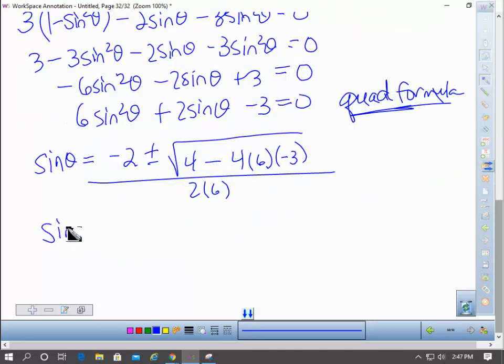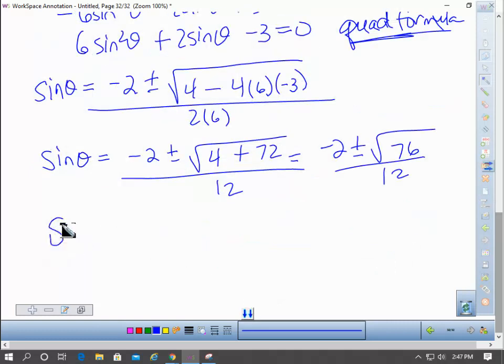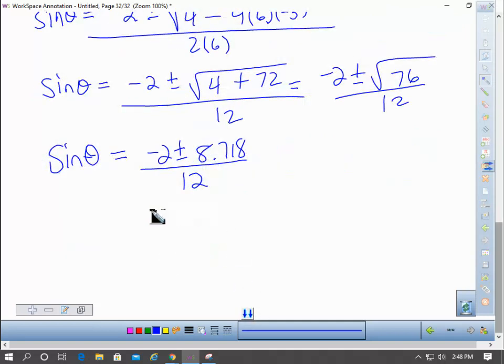And so then that gives us negative 2 plus and minus the square root of 4 plus 72 over 12, which is negative 2 plus and minus the square root of 76 over 12. So that means sine theta equals negative 2 plus and minus the square root of 76, which is 8.718, divided by 12.